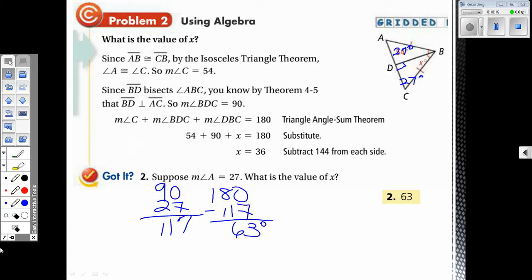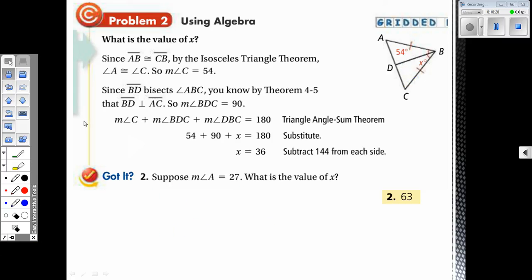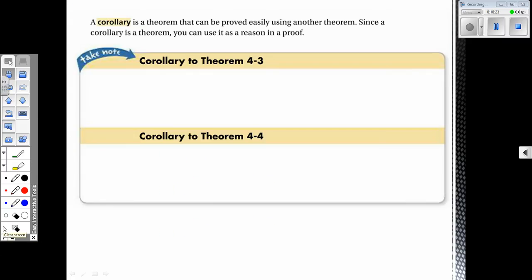63. Yes? Okay. The next thing they introduce you to is something called a corollary. What a corollary is, is something so simple it follows a theorem almost implicitly. Okay? They're relatively easy to prove from the theorem. And these two corollaries have to do with equilateral triangles.